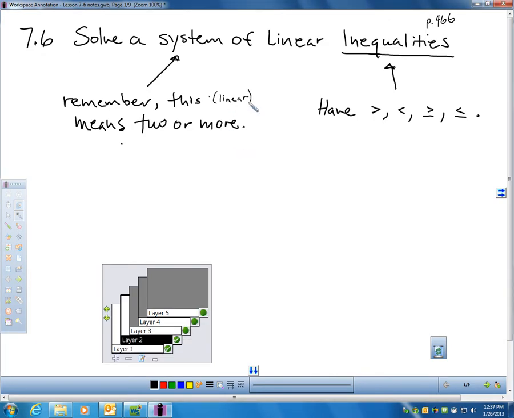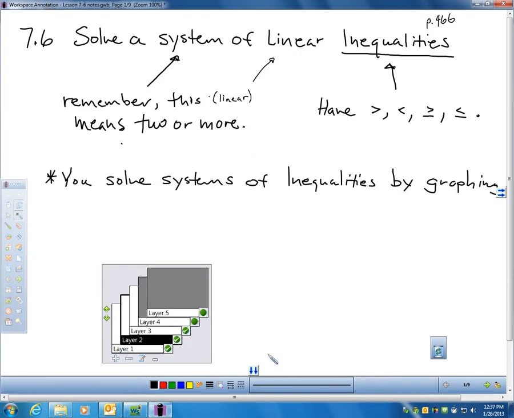So that would mean two variables, and they have to have the same variables. And remember, if we're talking inequalities, that means we have a greater than, less than, or greater than equal to, less than equal to. So we're looking at solving a system of linear inequalities today, all right?